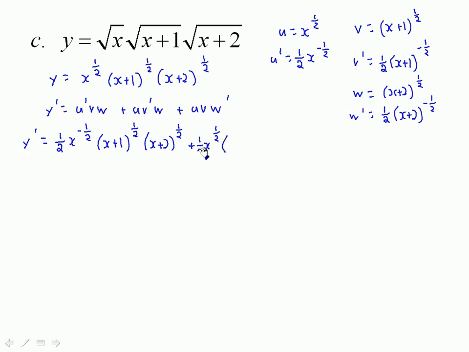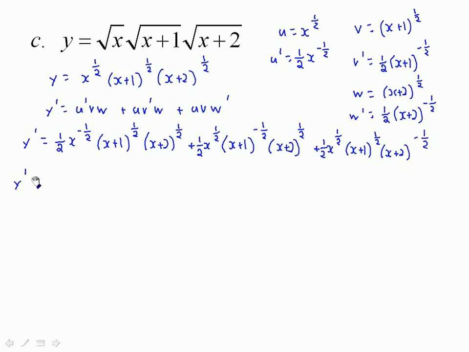I'm going to put the 1/2 in front, x plus 1 to the negative 1/2, times w, which is x plus 2 to the 1/2, then plus u, which is x to the 1/2, times v, which is x plus 1 to the 1/2, times w prime, which is 1/2, again put the 1/2 in front, and then x plus 2 to the negative 1/2. So not looking too good yet.